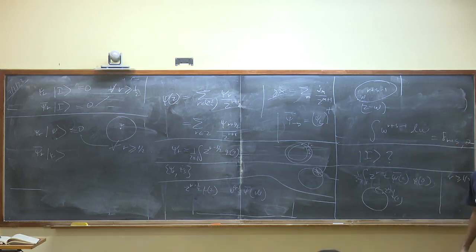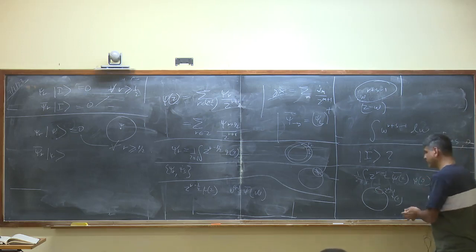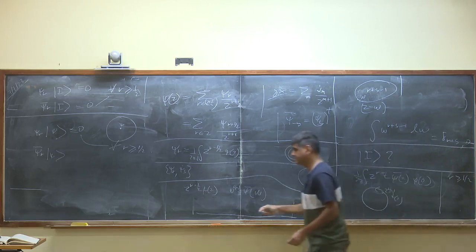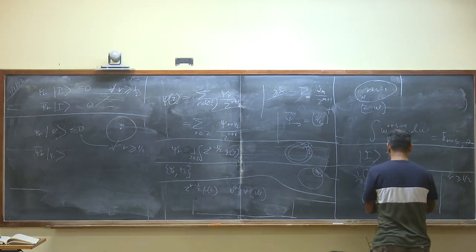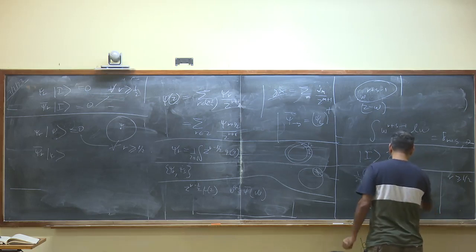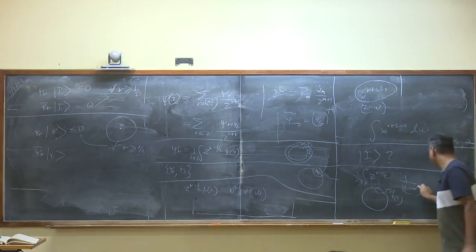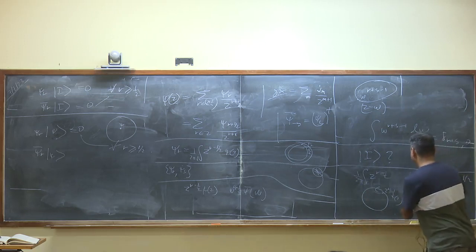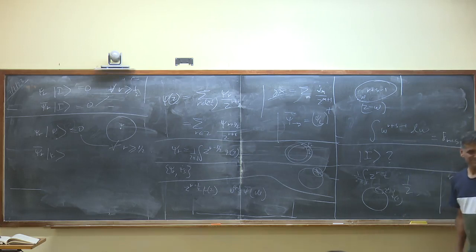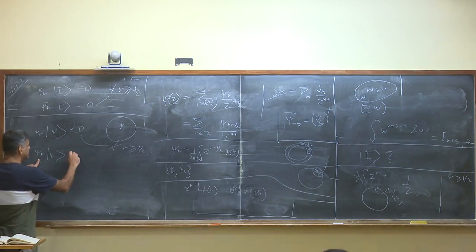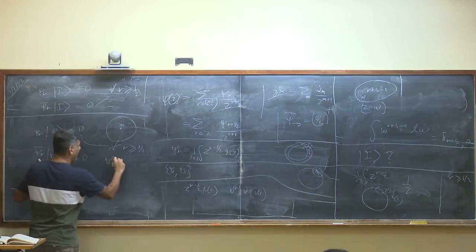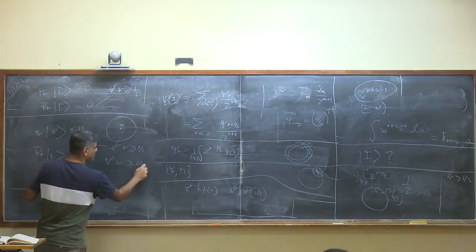Is this clear? Now when I do this, I get 1 over z minus z prime, z minus 0, 1 over z. And so we conclude that this was equal to 0 for all r greater than or equal to 3 by 2.